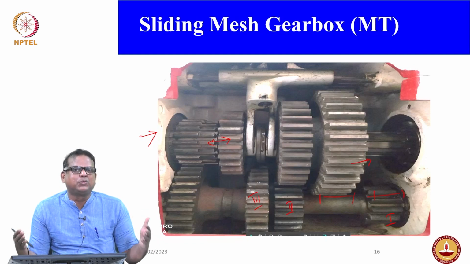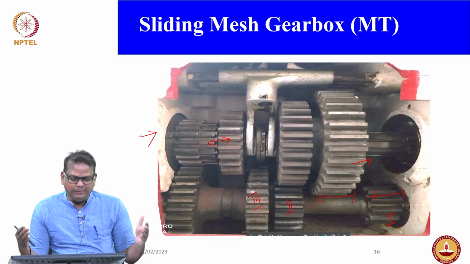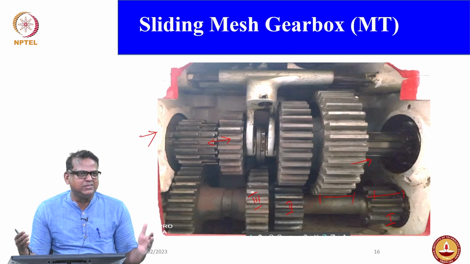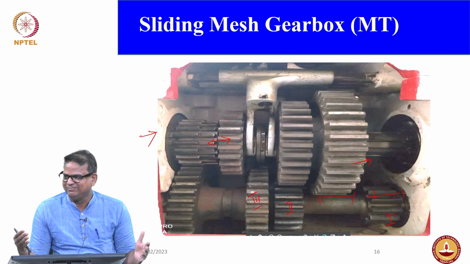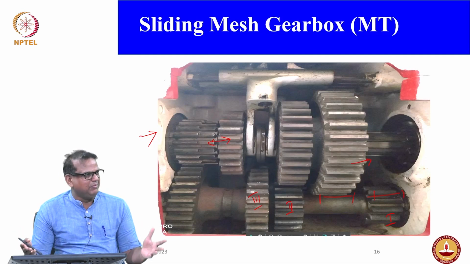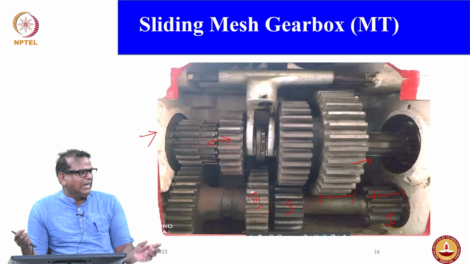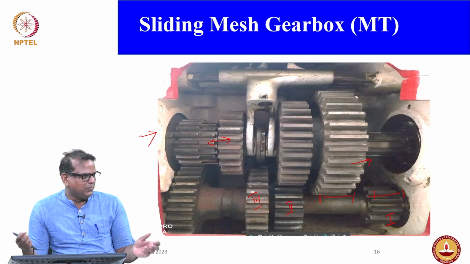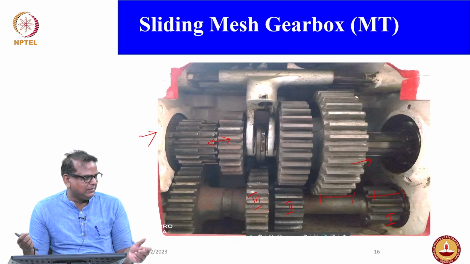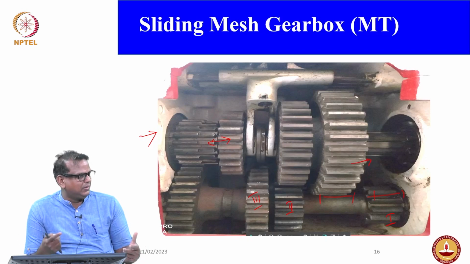Let me put one more question. Sometimes, do you think the face width should be equal for both meshing gears or can it be variable? It can be variable. The face widths need not be equal. Wherever the power transmission occurs, where there is going to be more stress, the receiving side gear can also have a higher face width.